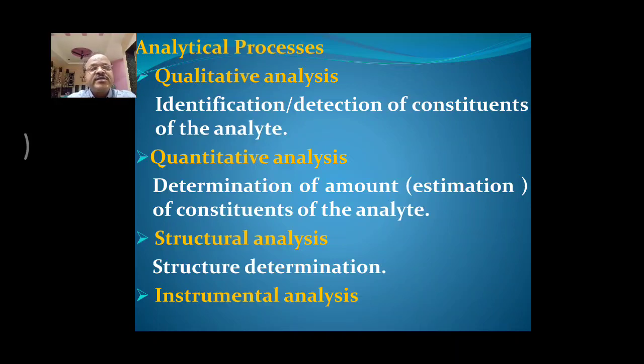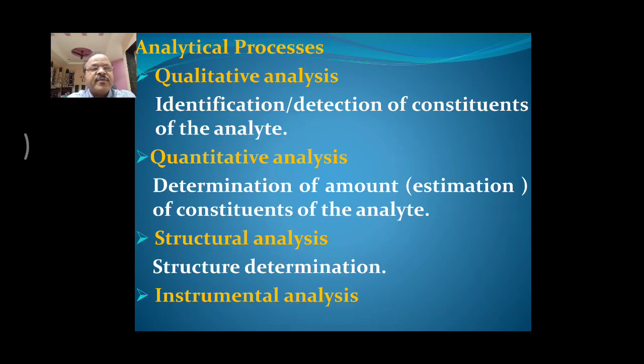Now the next point is analytical processes. While discussing the syllabus, we mentioned qualitative analysis, which is the identification or detection of constituents of the analyte. Which constituents are present in the analyte? Detection of these constituents is the qualitative analysis.